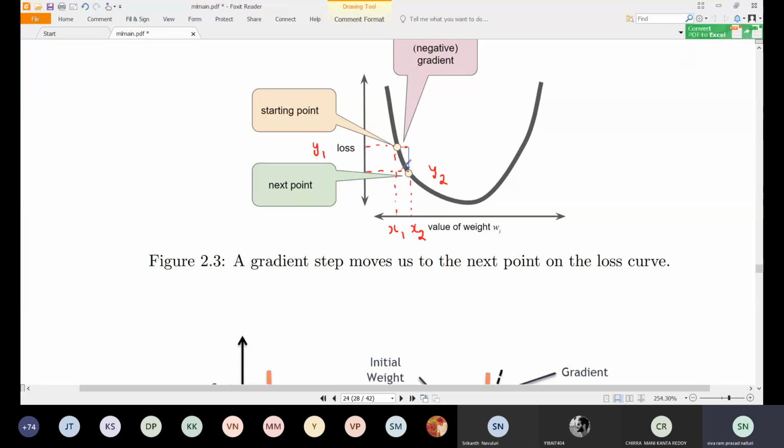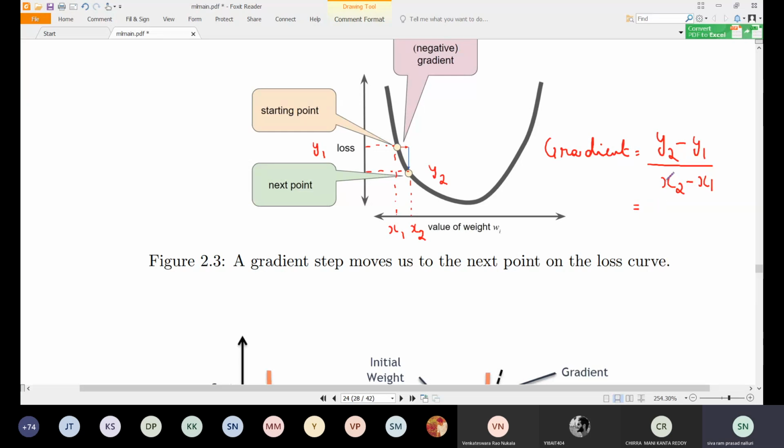For x1, the value of y is y1. For x2, the value of y is y2. So how do we calculate this gradient? Sir, y2 minus y1 by x2 minus x1. Good. Change in y value divided by change in x value. Good. Okay. That is the magnitude of the gradient.